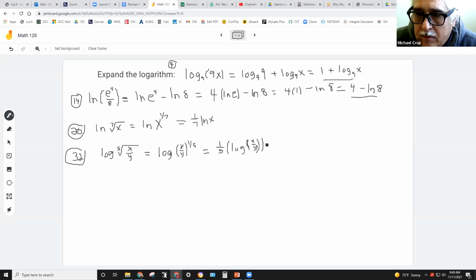Then we're going to use the quotient rule because that's a fraction. Now here's where the parentheses is going to be really important.